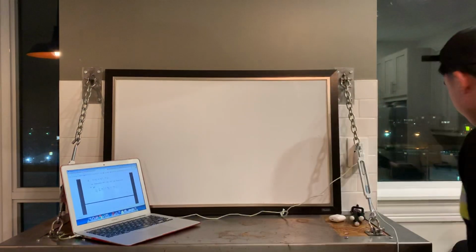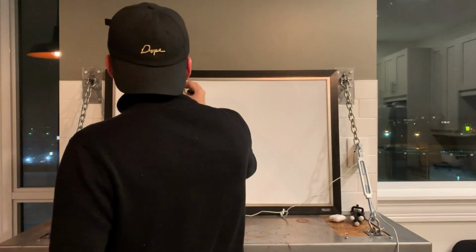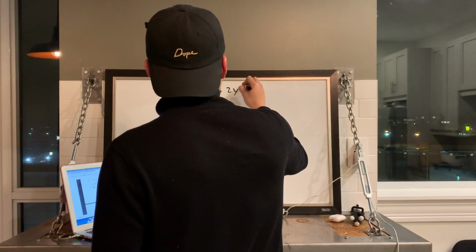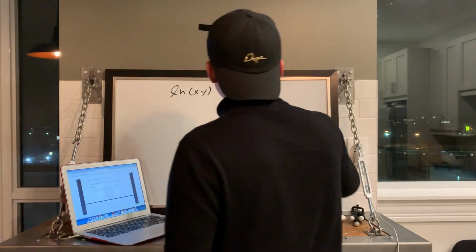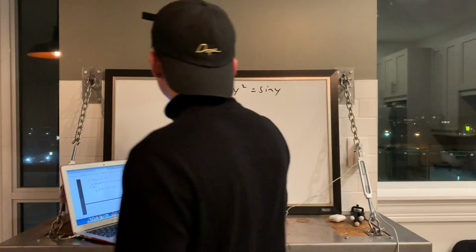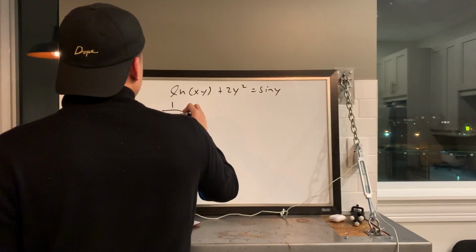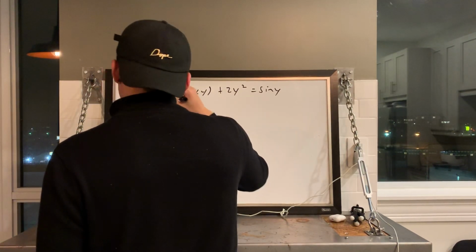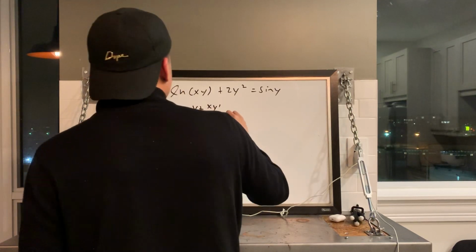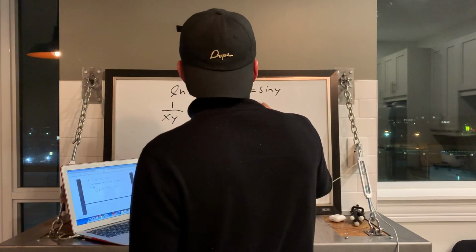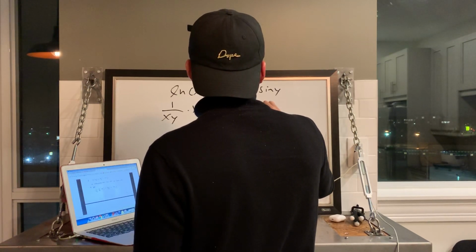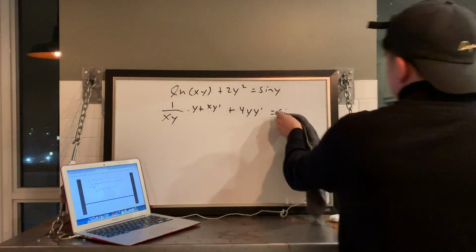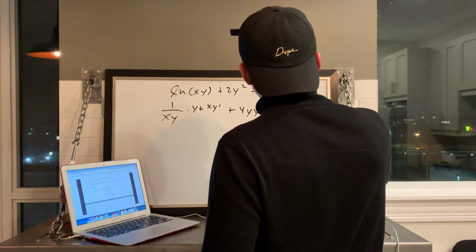So if we have ln of xy plus 2y squared equals sine y, if I differentiate this, 1 over xy times y plus xy prime, plus 4y prime equals cosine y prime.